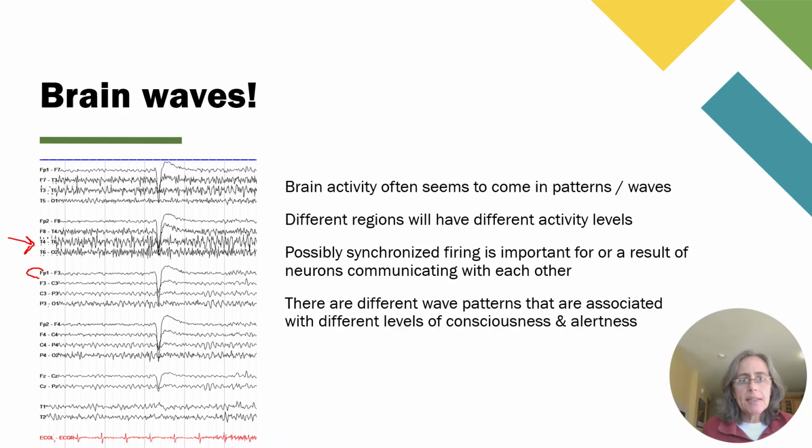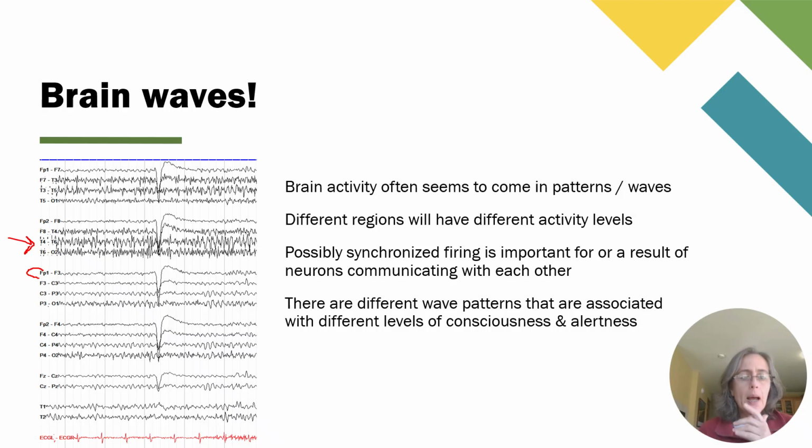Now, why does this happen? Why do we see bursts of activity and then none, and then bursts of activity and then none? We're not sure. We think maybe it's just part of how neurons communicate, because it's boom, boom, boom, one to the other as they're sending their action potentials, and that sets off an action potential in the next neuron. Or maybe it makes it easier for them to communicate with each other if they do it in bursts.